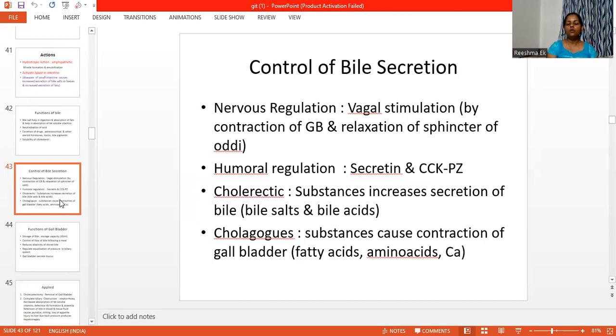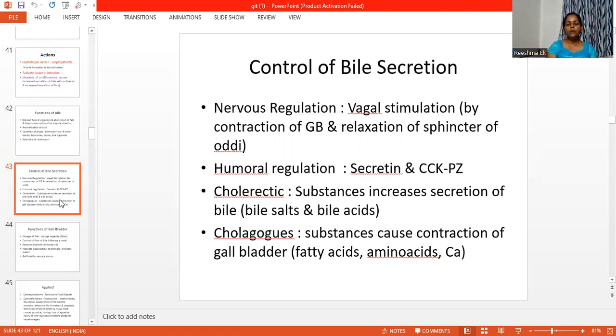Then hormonal or humoral regulation is with the help of two chemicals: secretin and CCK-PZ. Choleretics are the substances which increase the secretion of bile, that is, both bile salts and bile acids. Cholagogues are substances that cause contraction of the gallbladder.